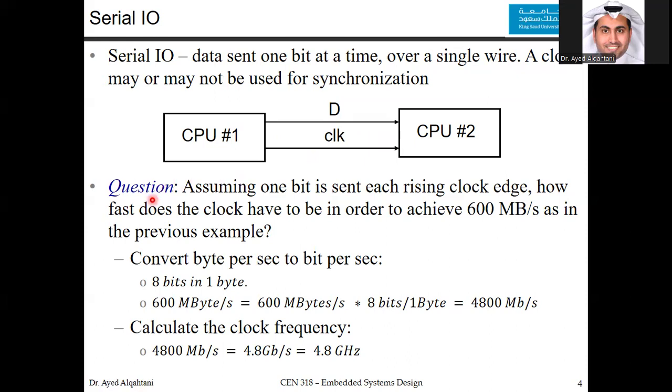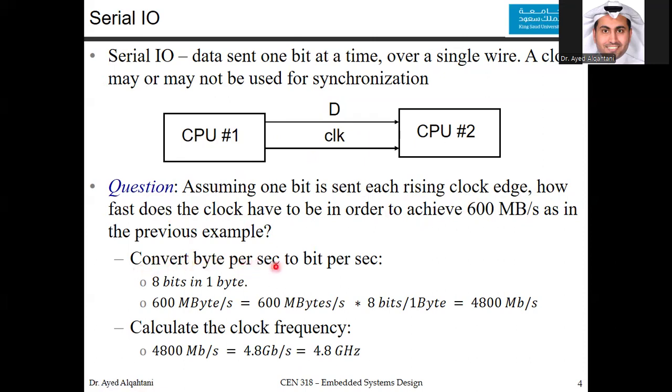Now let's have the question again. Assuming only 1 bit, that's a serial communication, is sent each rising clock edge, how fast does the clock have to be in order to achieve the 600 megabyte per second that we just got in the previous example? I'm detailing everything to make it simple to understand.